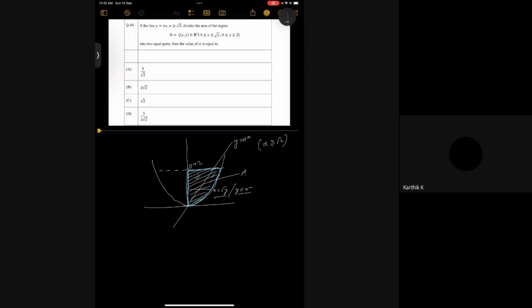If these two should be equal, then we can do it by first finding the total area of this region I've shown here, and then you find these two. Clear? Guys, are you following?